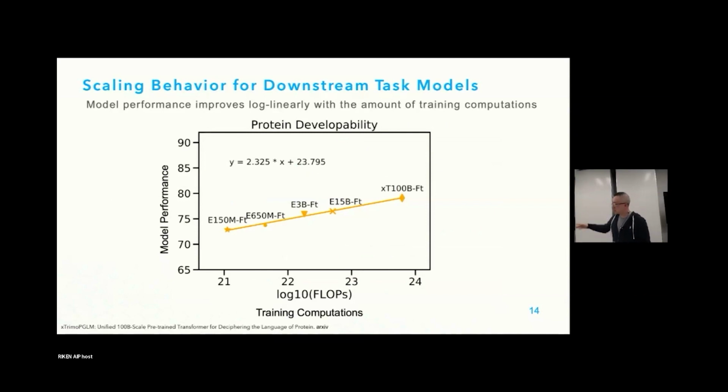What I'm plotting here on the horizontal axis is the training compute. You can think of that as the model size multiplied by the number of training data points you pipe into the particular model, right? And the vertical axis is the performance of the model. The larger, the better, right?